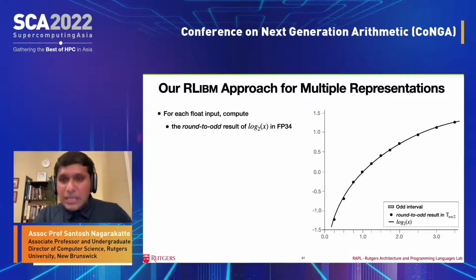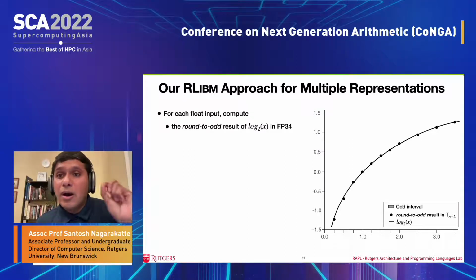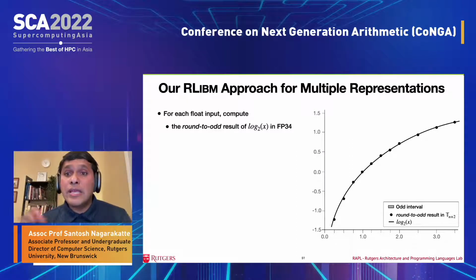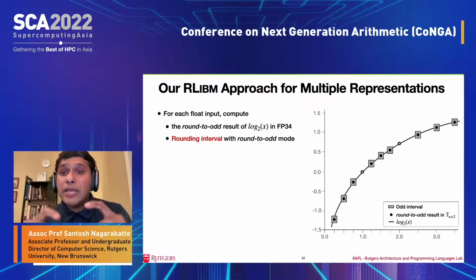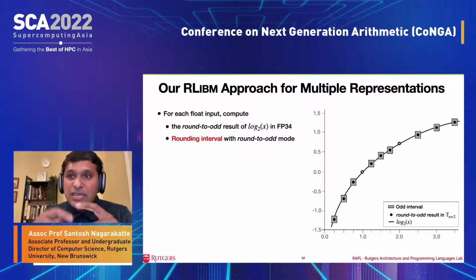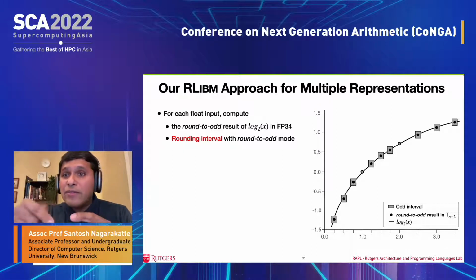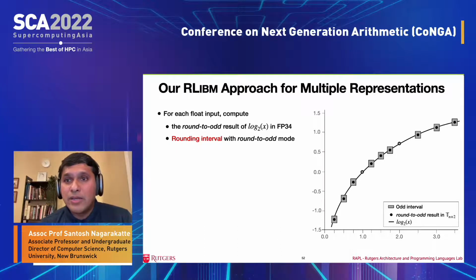And we compute the correctly rounded result of log2 of x in a 34-bit FP representation. Okay. And now we compute the rounding interval, which is the interval of real values, such that every real value rounds to this correctly rounded round to odd result with a 34-bit FP representation.